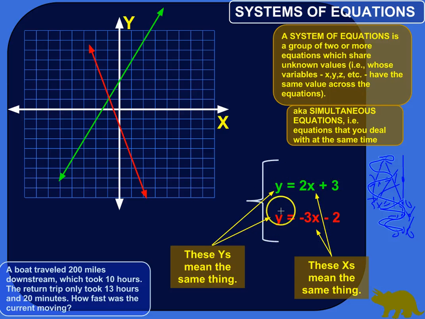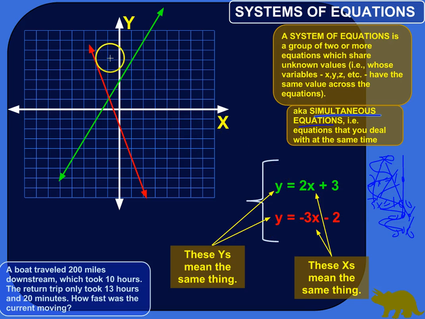So for example, if I have two equations here, y equals 2x plus 3, y equals negative 3x minus 2, if I'm treating this as a system of equations, then I'm saying these x's have the same values and these y's have the same values. They mean the same thing. A system of equations is also called simultaneous equations. Simultaneous means at the same time, because you're dealing with these equations at the same time.